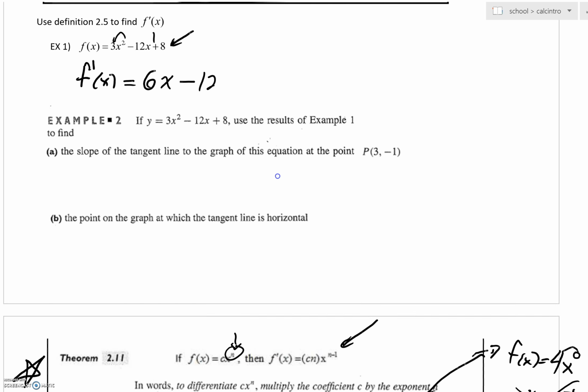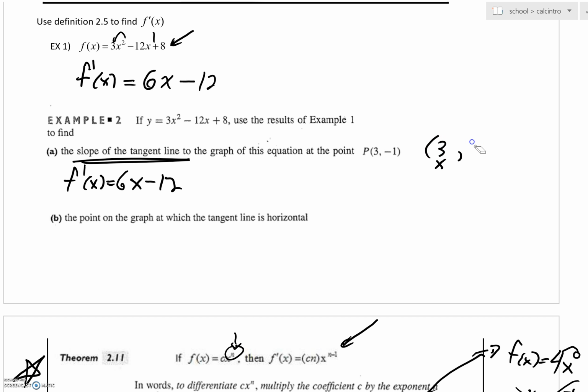So they're saying, hey, if you know that your derivative is this thing right here, please tell me the slope of the tangent line at this point where, hint, hint, hint, x is equal to 3 and your y value is -1. Wow. Well, guess what I'm going to plug in for x? I'm going to plug in 3.